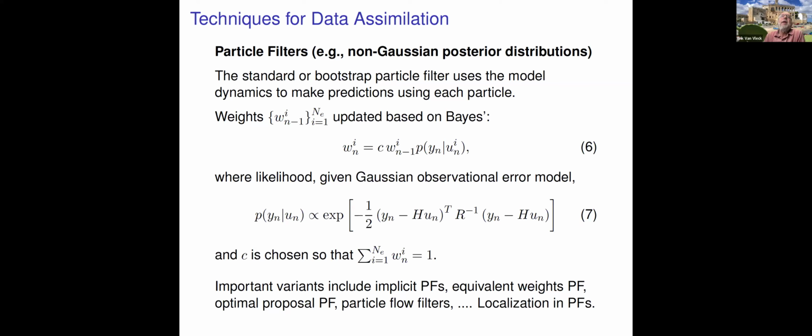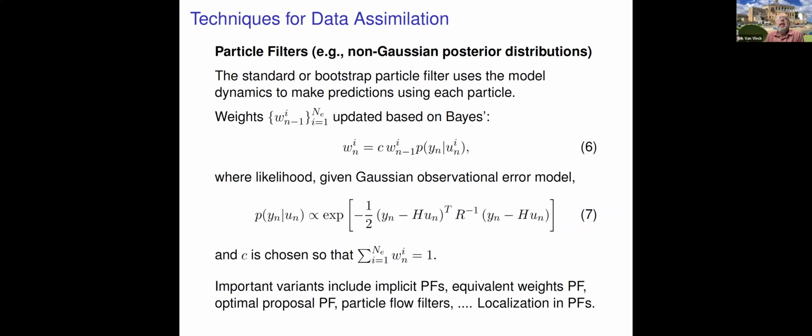The weights are non-negative, the weights sum to 1, and they tell us something about the posterior distribution without putting structure on it. So it's a very unstructured way of doing this. Essentially, with the Kalman filter techniques, we're using a Gaussian assumption on the posterior. Here, there's no inherent assumption on the posterior.